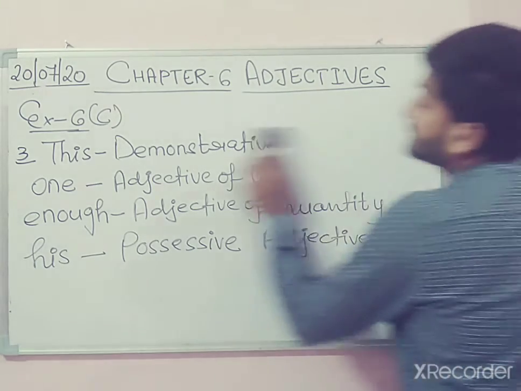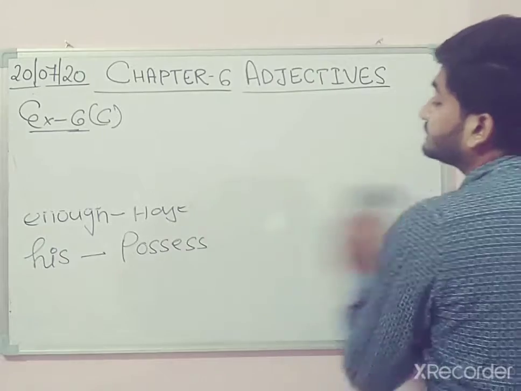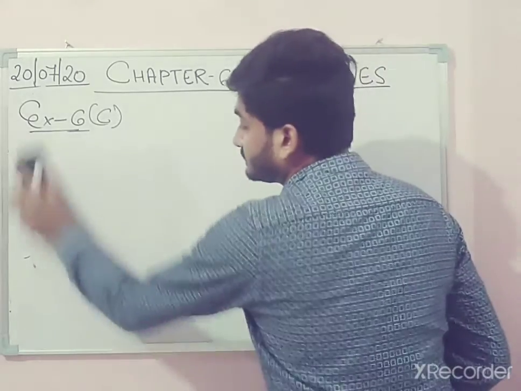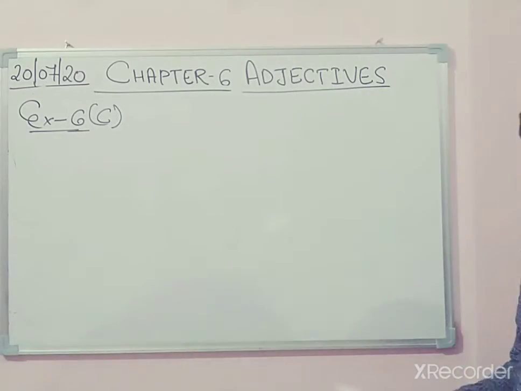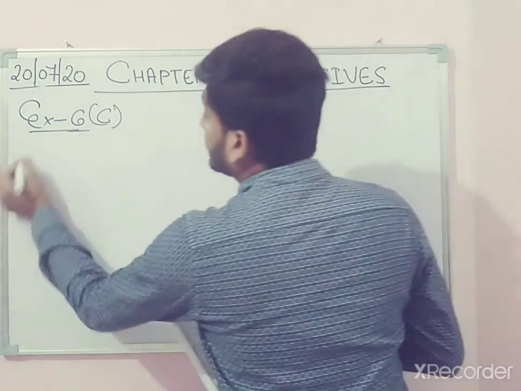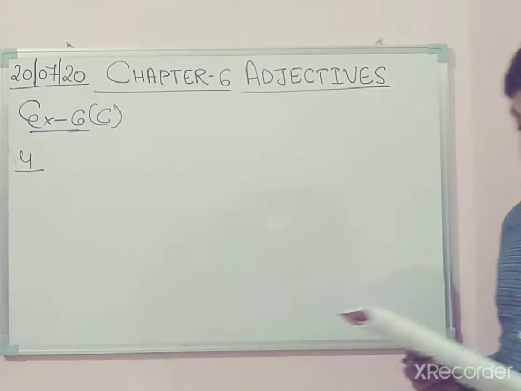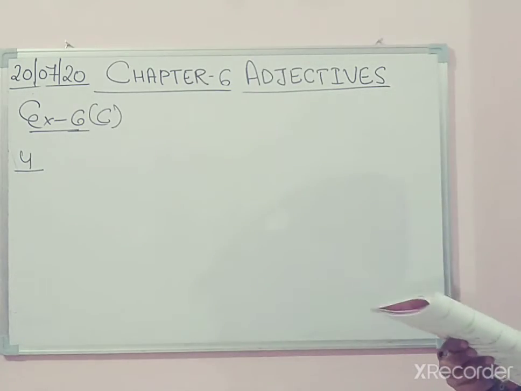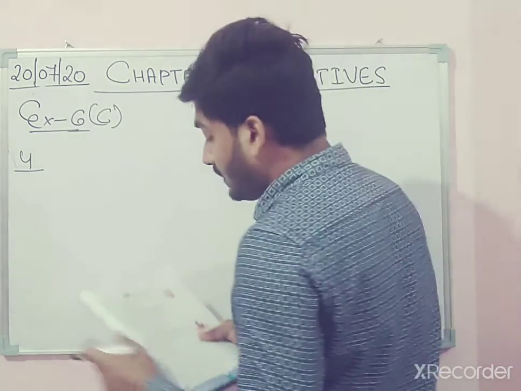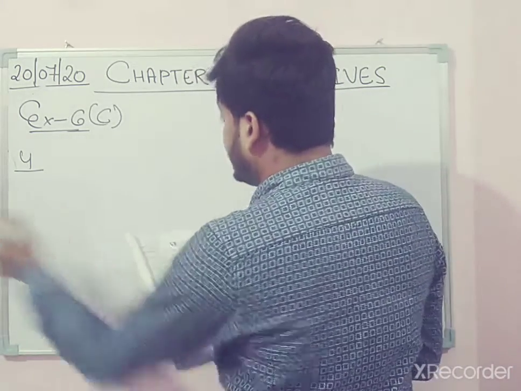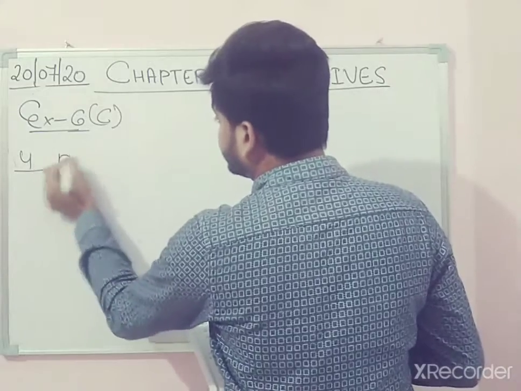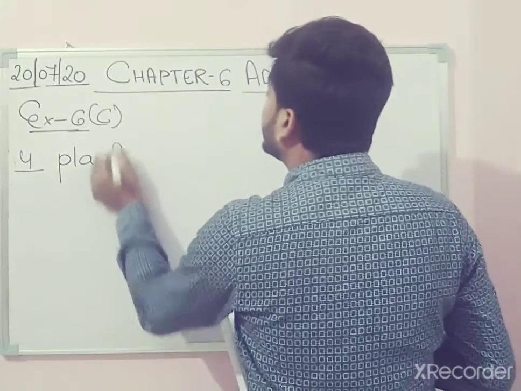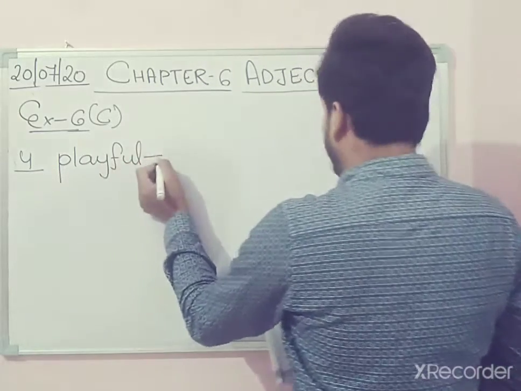Number 4 is the playful kitten. The playful kitten was entangled in all the wool. In all the wool. That's mean playful. What kind of kitten it was? It was playful kitten.